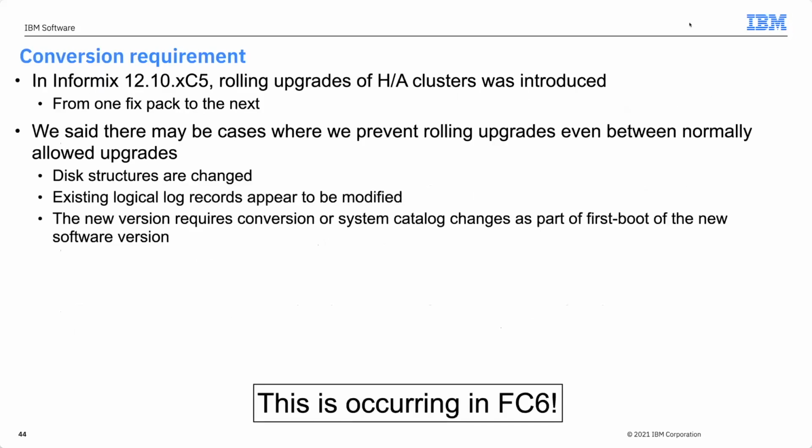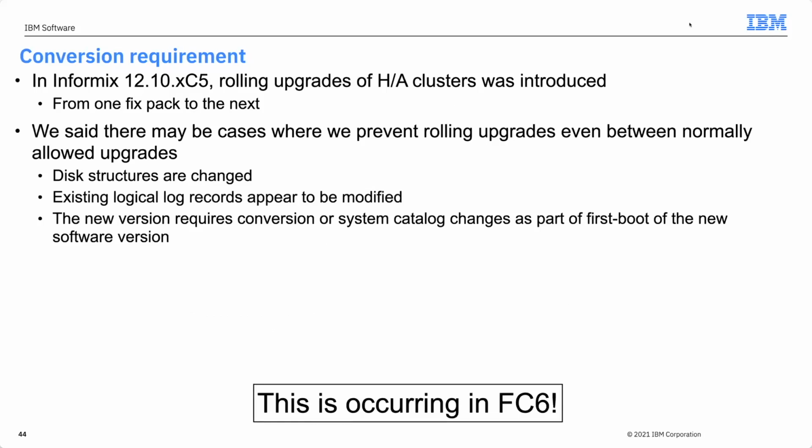So here is the first of the two migration efforts that I was speaking of. In version 12, we gave you the ability to do rolling upgrades, which said you could shut off an instance, move from one version of the instance to the next fix pack, turn it back on, and life was wonderful. You didn't have to rebuild the whole cluster from scratch.